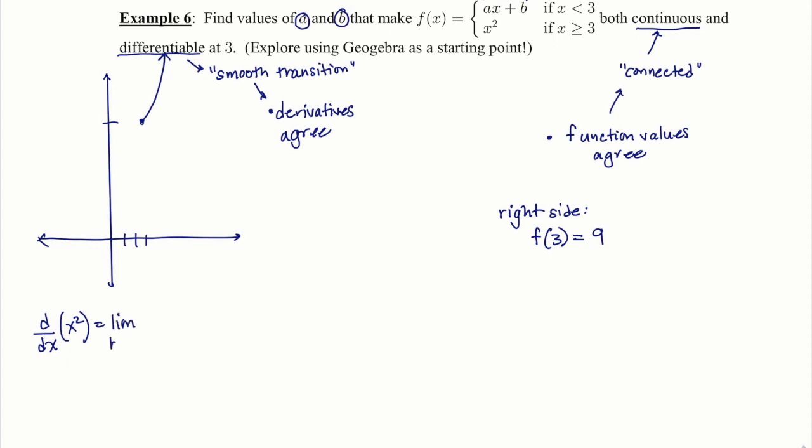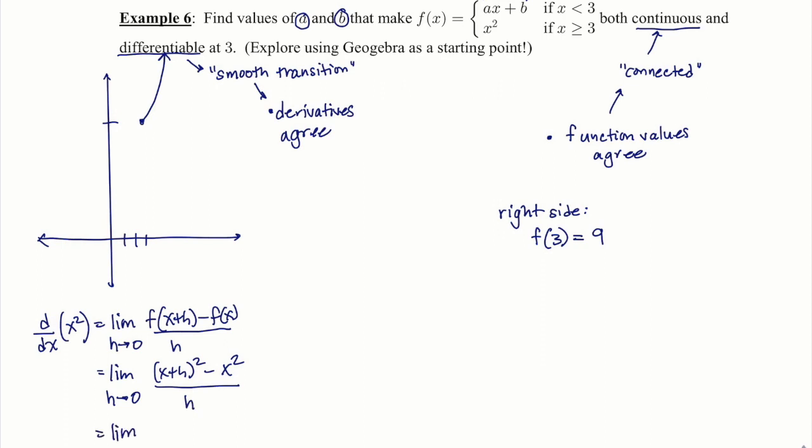So I want the limit as h goes to 0, f of x plus h minus f of x divided by h. So I'll have the limit as h goes to 0, x plus h squared minus x squared over h. So limit as h goes to 0, x squared plus 2xh plus h squared minus x squared all over h.